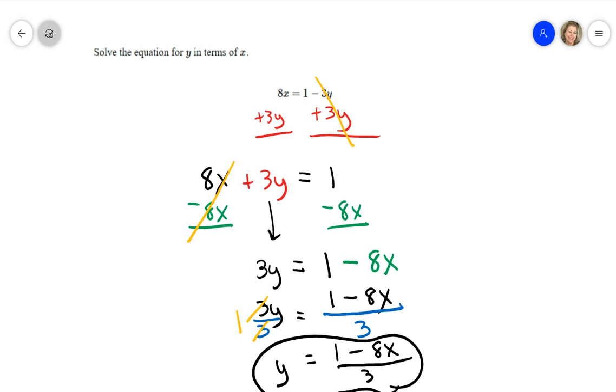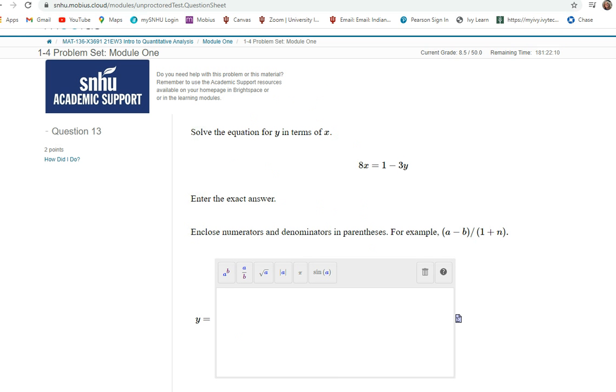Let me go back to Mobius and see what it says. Solve the equation for y in terms of x. No, it doesn't. They've already typed the y equal to here, so be careful. Don't type y equals again, because Mobius will count it wrong.